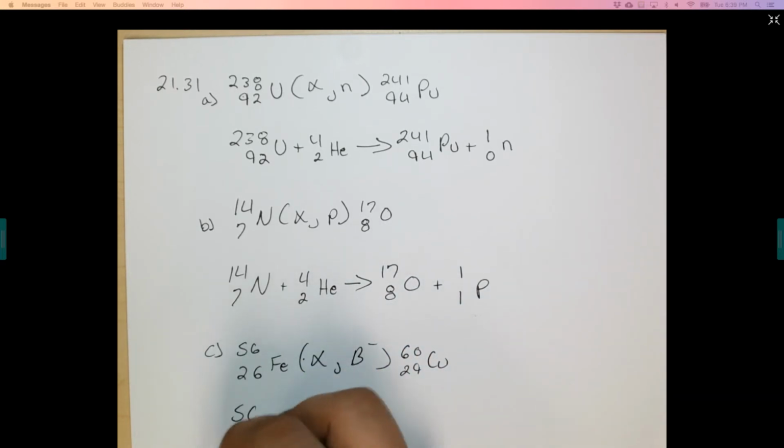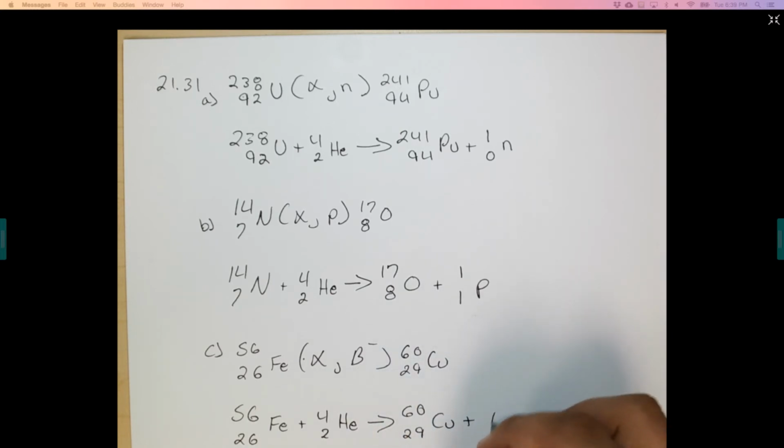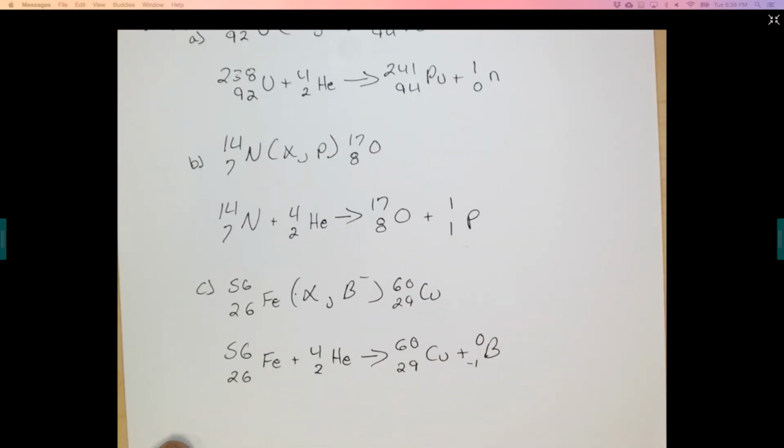So that means that we have iron plus alpha particle to create copper 60 plus beta particle, which is -1 and 0. And we see that our numbers add up.